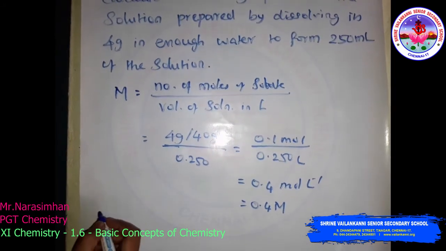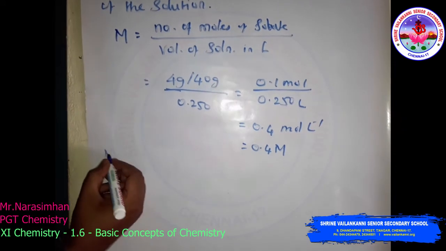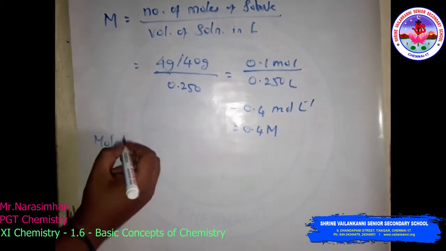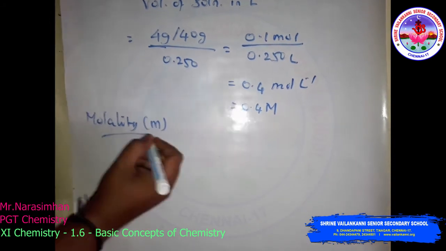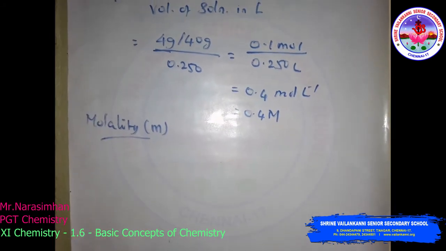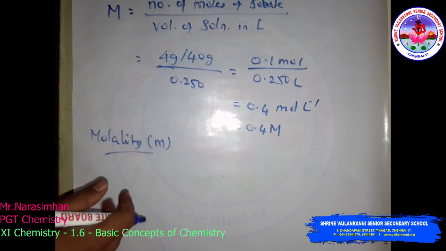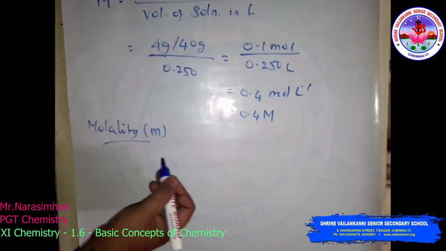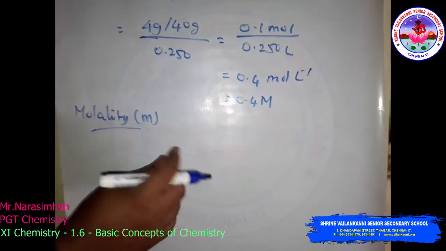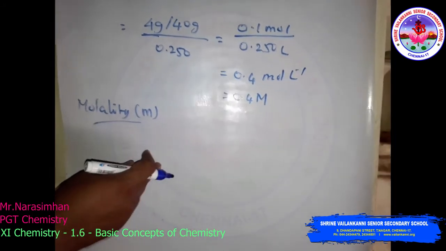Then next is molality. Small m simply indicates molality. Here volume of solution is in liter, but here the mass of the solvent is in kilogram. The molality is the number of moles of solute present in 1 kilogram of the solvent.